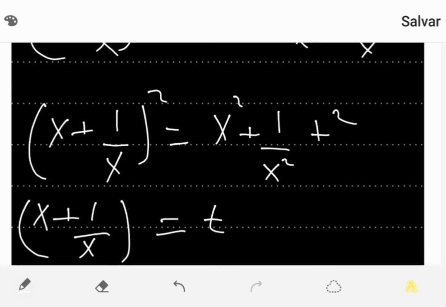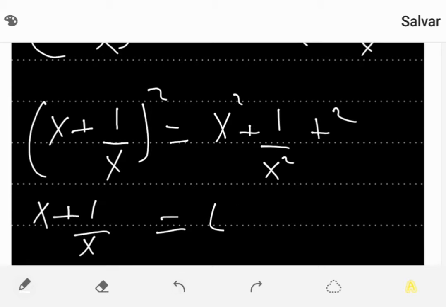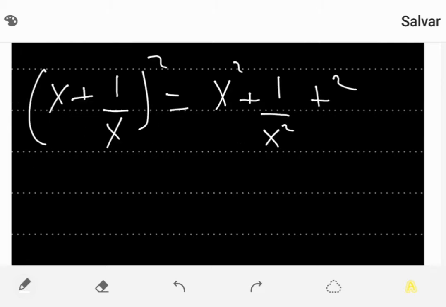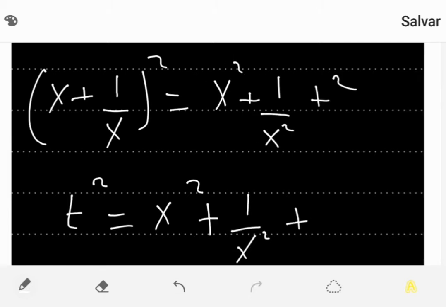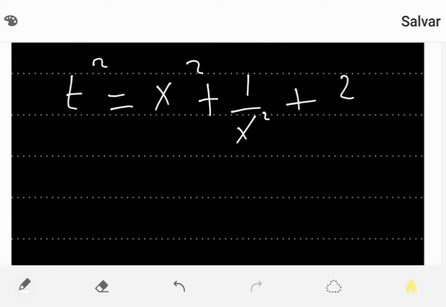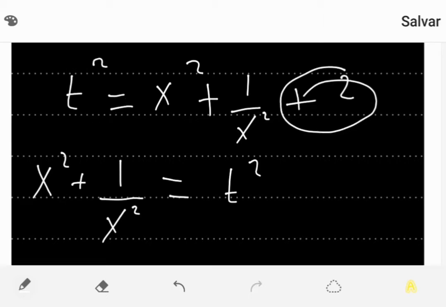So x plus 1 divided by x, squared, is equal to t squared, right? So what does this mean? Well, this means that t squared is equal to x squared plus 1 divided by x squared, this part over here, plus 2, right? So x squared plus 1 divided by x squared is equal to t squared, and then this 2 over here goes to the other side: minus 2.